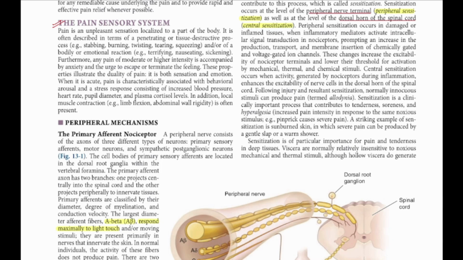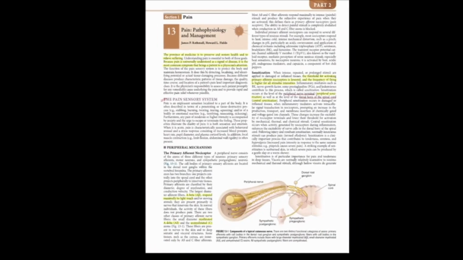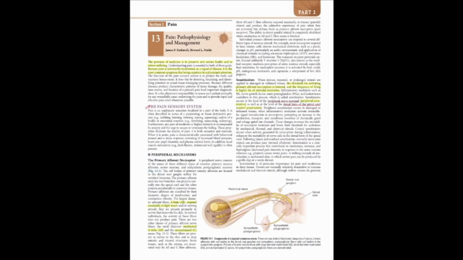So that is all about pain: how it is generated, how it is conducted, how it is perceived, and how it is modulated, and what other important parts are there to be discussed in this chapter. There are 5 to 6 pages in this chapter. Let us review them in the starting itself.